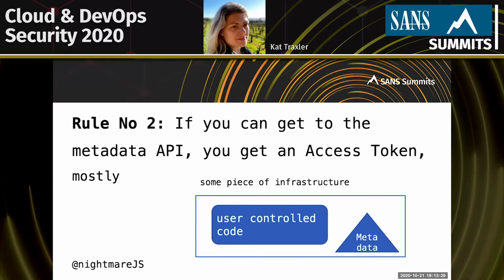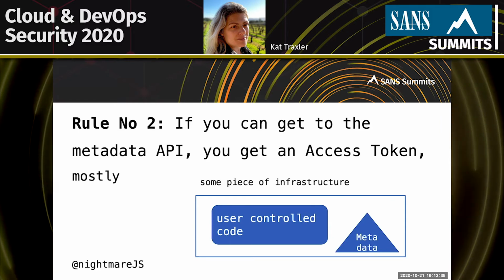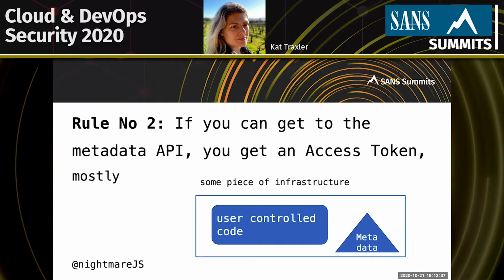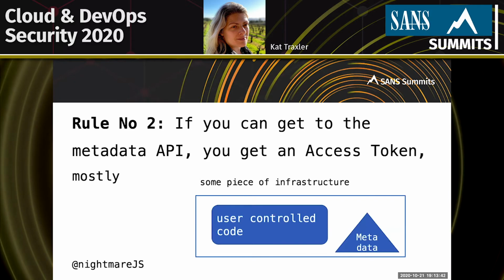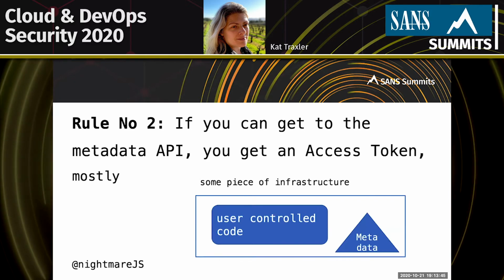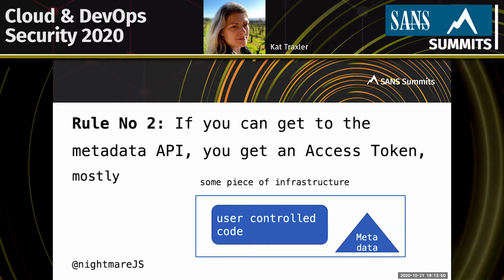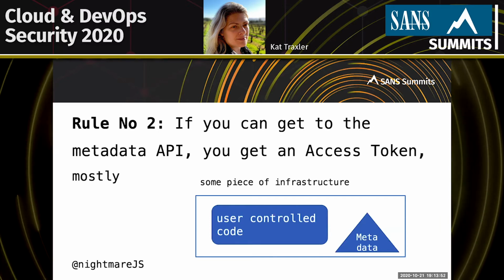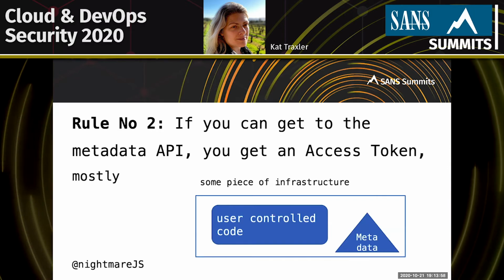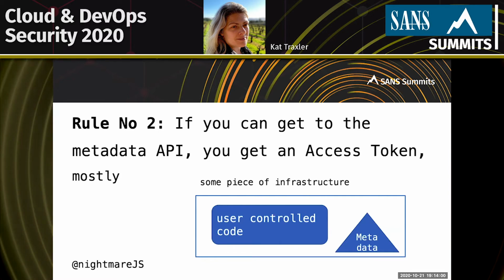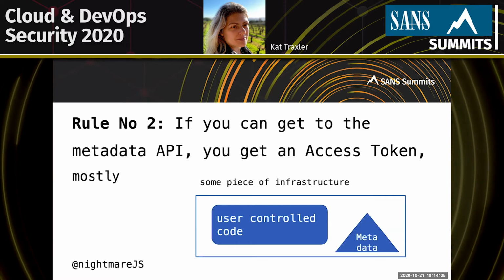If we take a look at another PaaS service, for example, Cloud Scheduler. Scheduler is a managed cron service that allows users to specify an arbitrary HTTP request that can be triggered to run on a schedule. You most certainly can, and I have, specified Scheduler to make an HTTP request to its internal metadata API. But unlike Cloud Build, there's no mechanism built into the product to return your HTTP response.